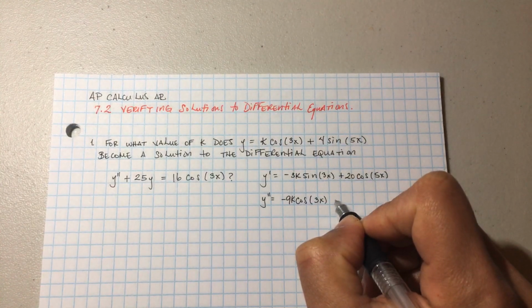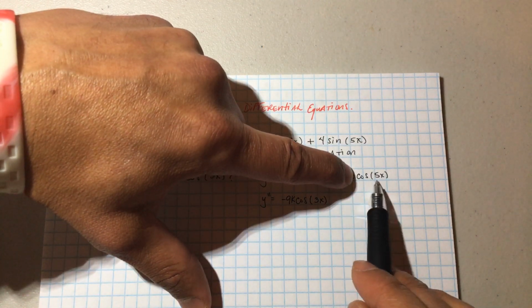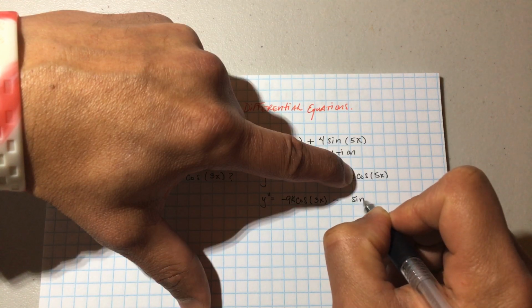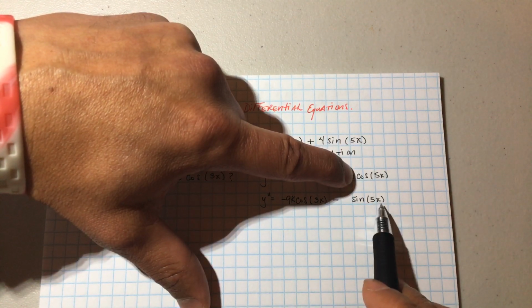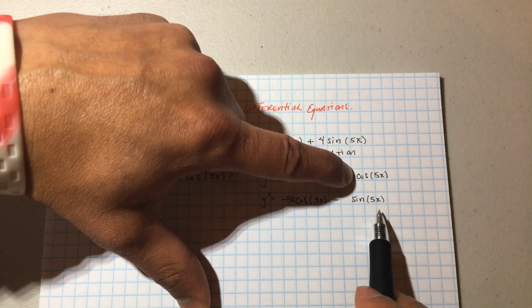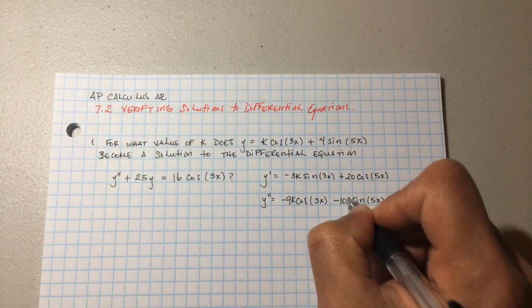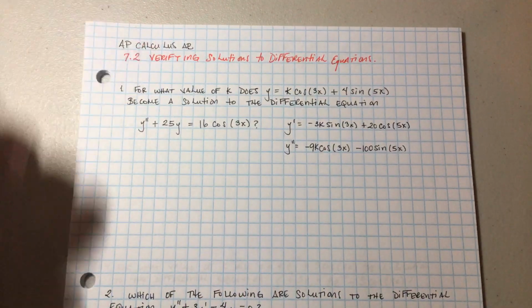Plus, actually, we're going to use a negative. Cover up the 20. The derivative of cosine is negative sine, so negative sine of 5x. Because we have something on the inside, the derivative of 5x is 5, times the 20 is negative 100. Cool, so now we have our second derivative. And hopefully you were able to follow that.